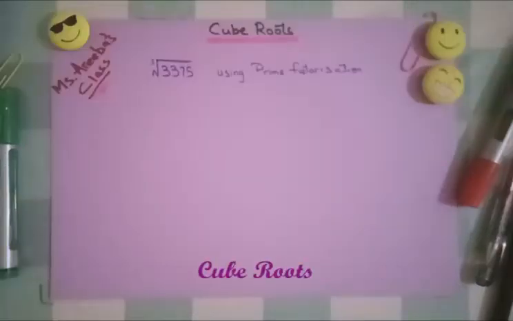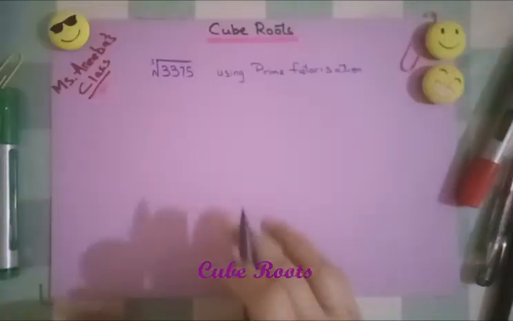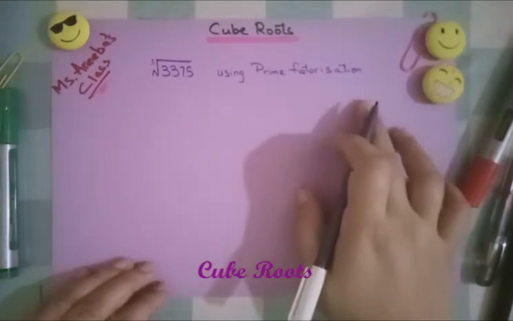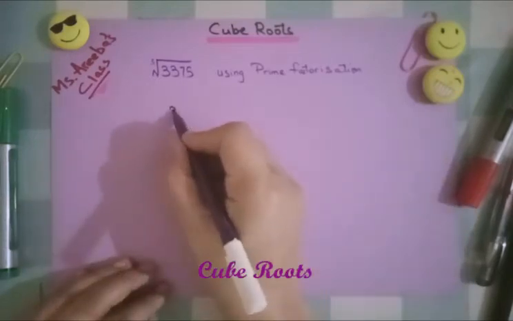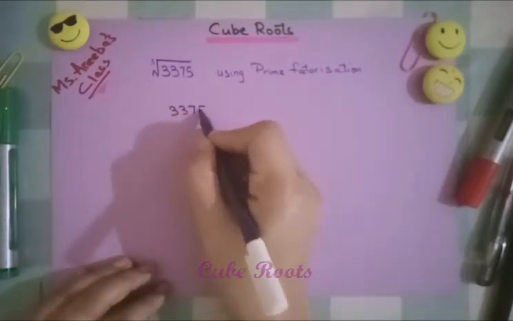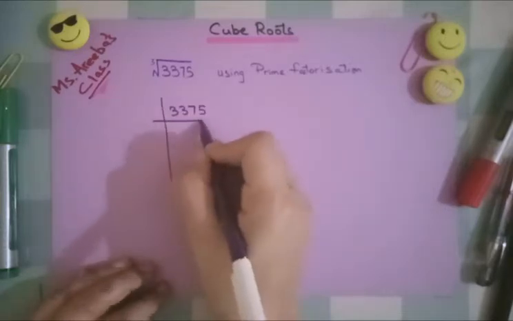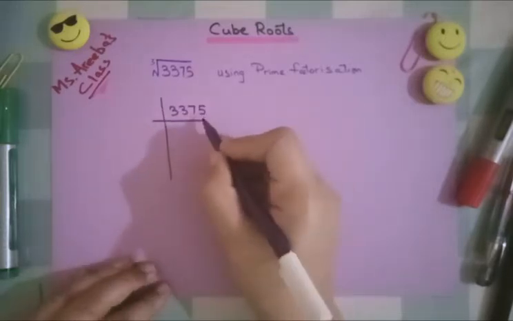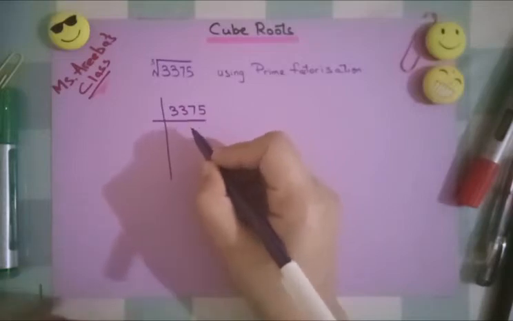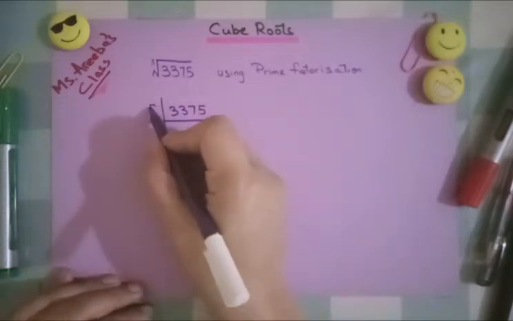My next example is related to cube root by using prime factorization. So again I have to factorize 3375, and as it's ending at 5, without checking any other number I will check it with 5.